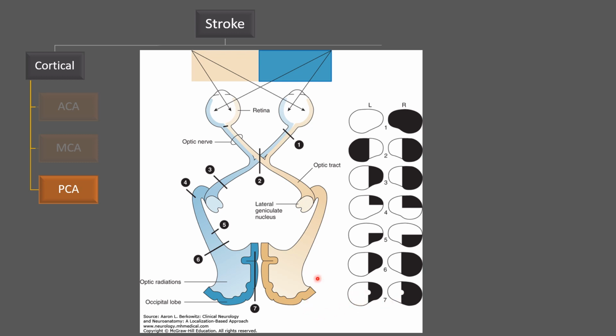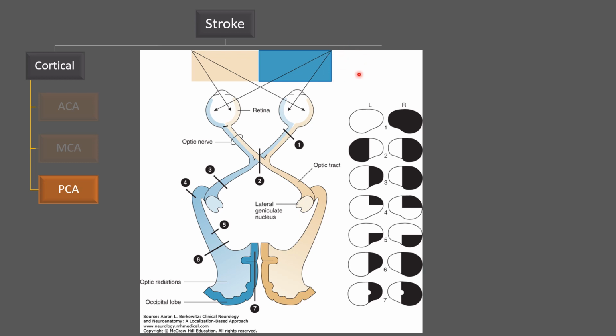Here, the interruption or infarction in the visual cortex, right here at number 7, will interrupt the signals coming from the lateral left and the medial right retinal parts. These parts are responsible for the temporal side of the visual field.